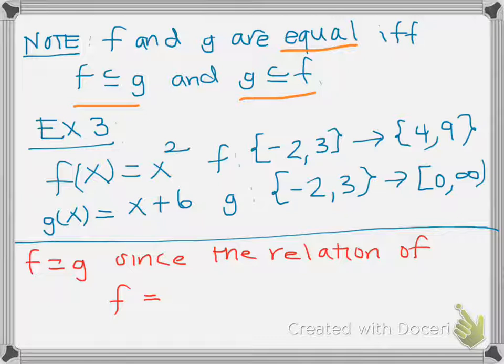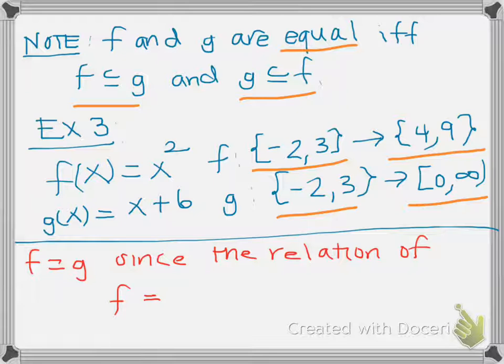F of x equals x squared. F goes from the set containing negative 2, 3. That's your domain. And then your codomain is 4, 9. And then g of x is equal to x plus 6. And the domain is negative 2, 3.